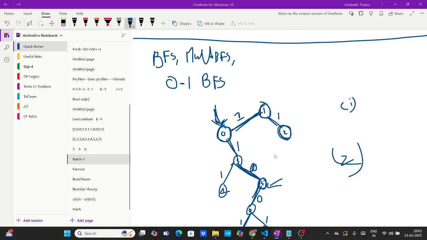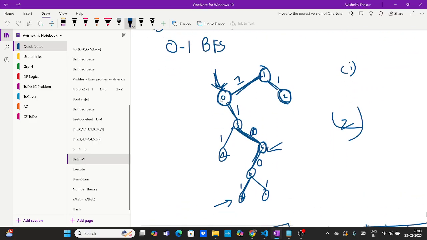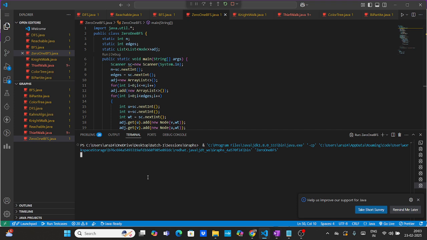Let's take this graph only. How many nodes? 1 2 3 4 5 6 7 8 9. So we have 9 nodes. And how many edges?